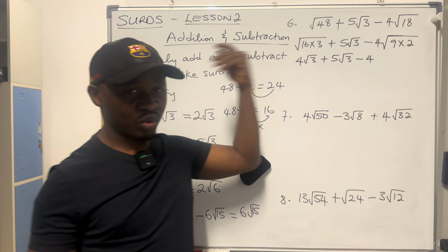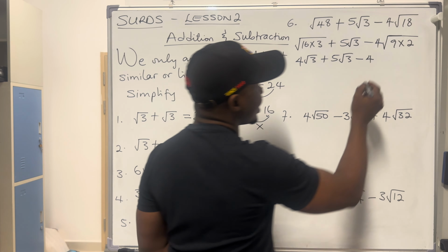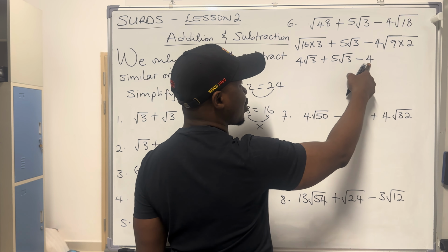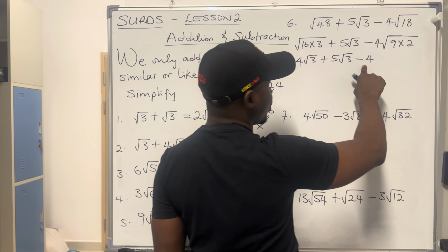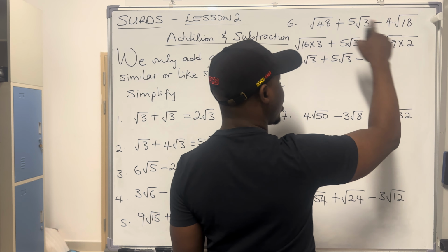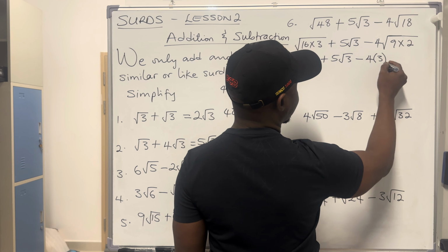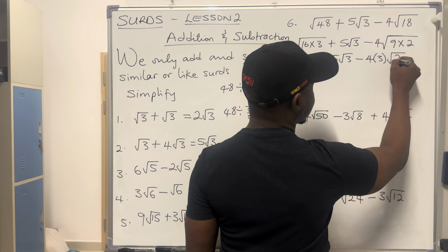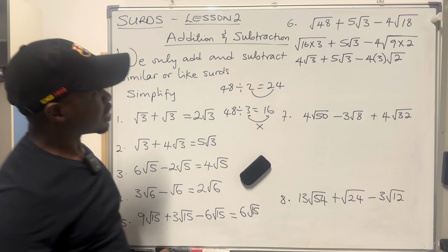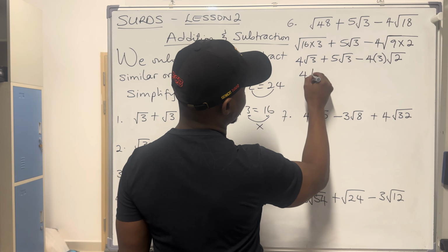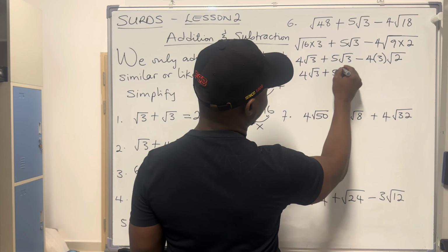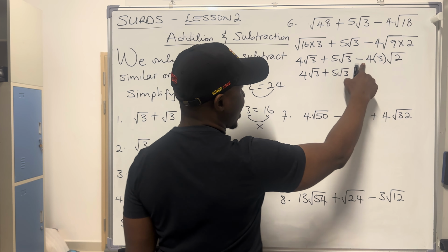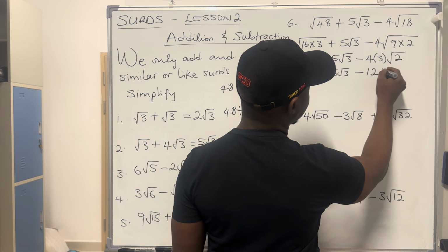That 3 has to come outside, but there is also another value outside, so the one outside multiplies the one coming. Square root of 9 is 3, 3 goes out, and what remains in the root is just 2. So this is 4 root 3 plus 5 root 3 minus 4 times 3, which is 12 root 2.